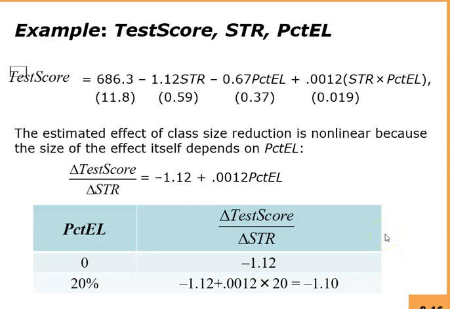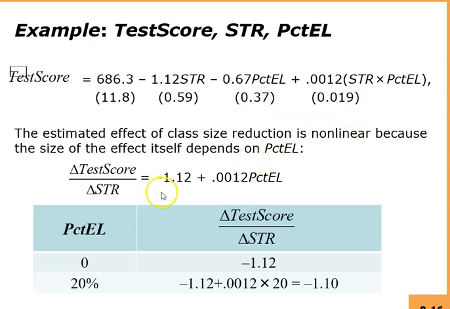So extending this to the example of test scores, or to the relationship between test scores and student-teacher ratio, in this regression equation, both student-teacher ratio and the percentage of English learners are continuous variables, and we are also introducing an interaction term between the two variables, and you can see that we already have the coefficients and their standard errors post estimation of this regression equation.